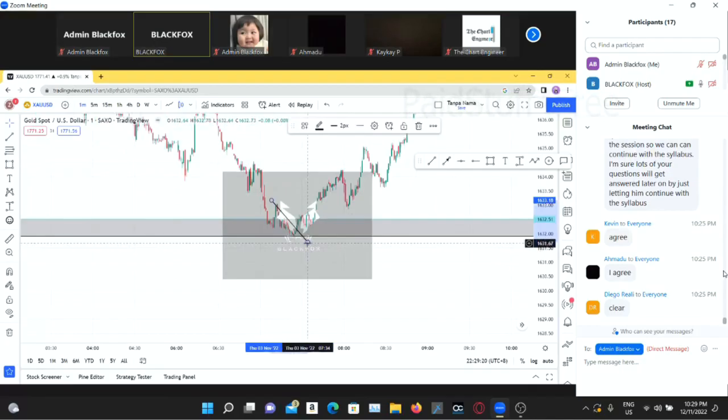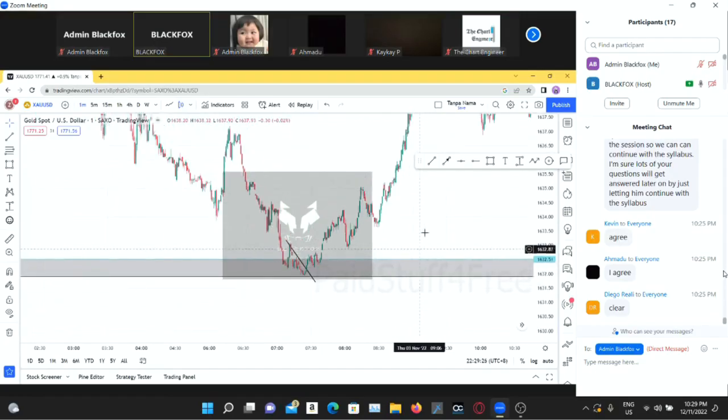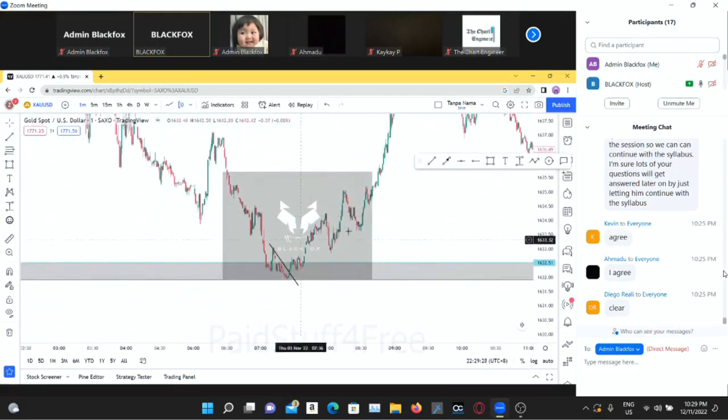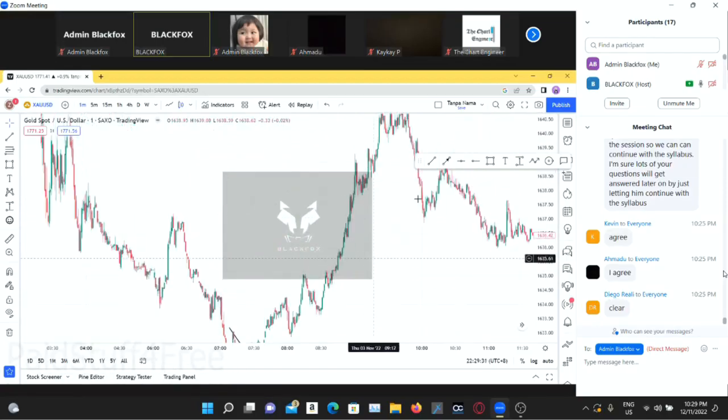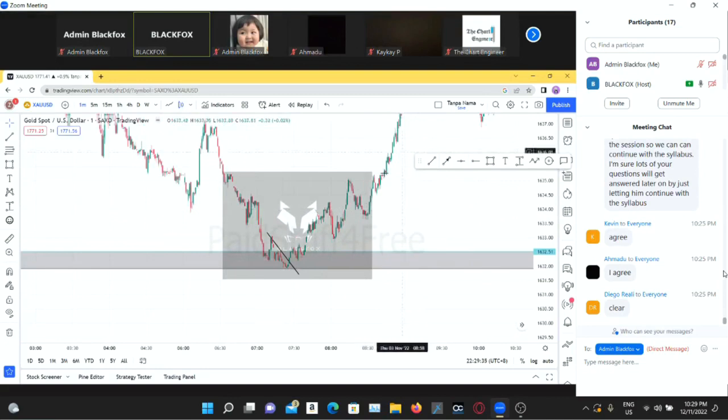So we use this trend line for breakout. If this trend line breaks out, then you can just instant buy. My TP is around 50 pips and 100 pips.